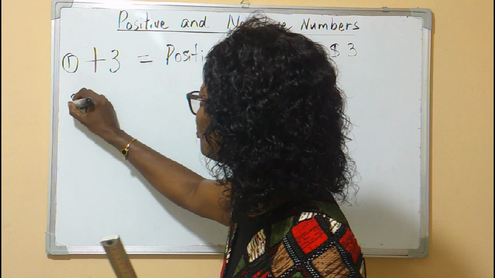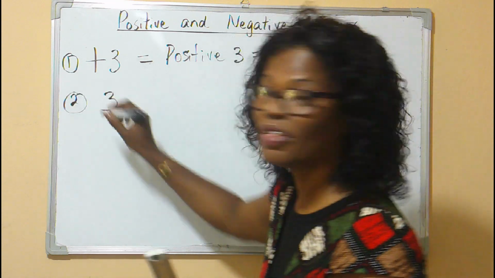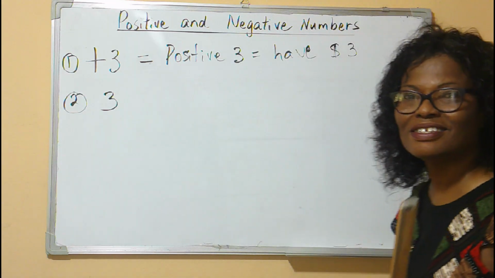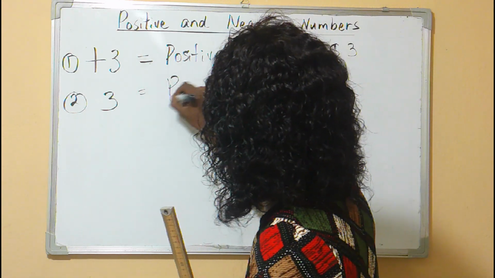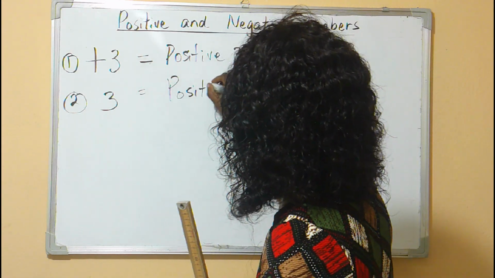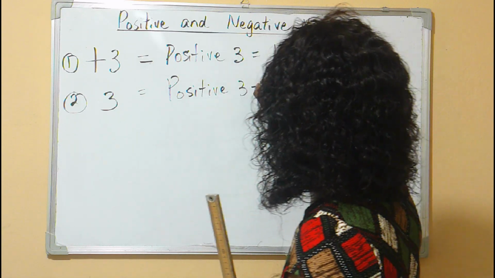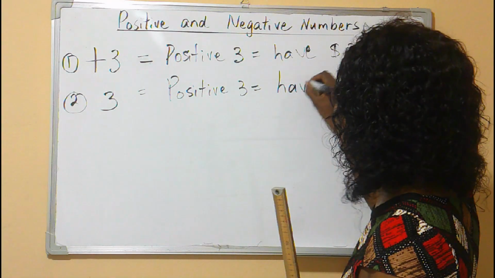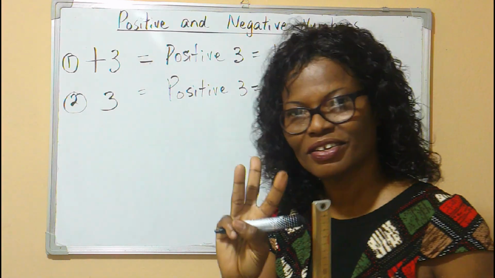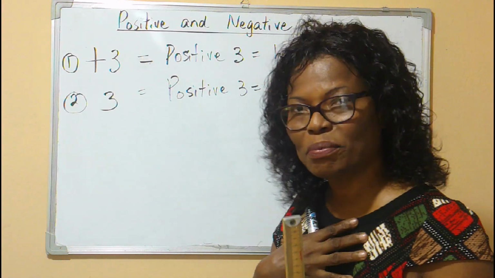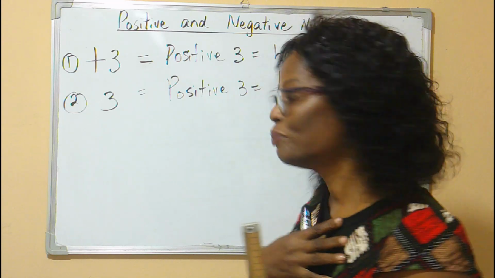Number 2, what do you think 3 by itself means? Yeah, it also means a positive 3. Meaning, again, same as number 1, I have $3. Okay, it is in my possession. It's mine.